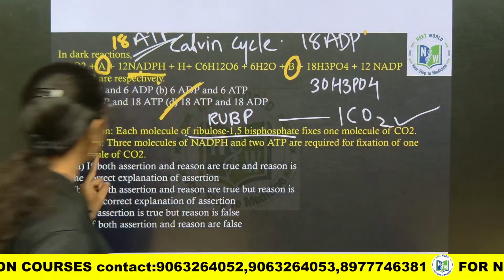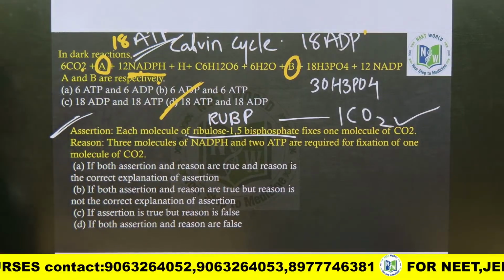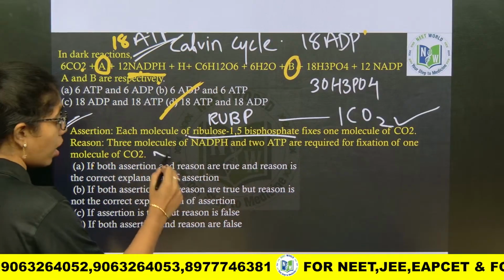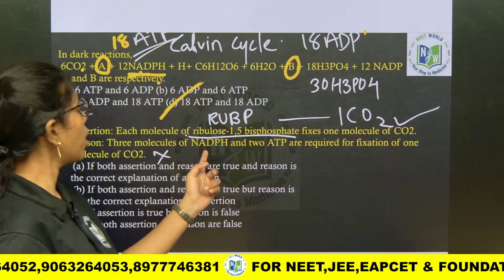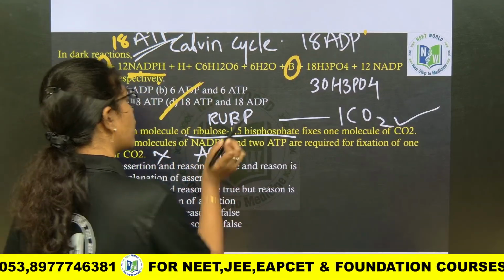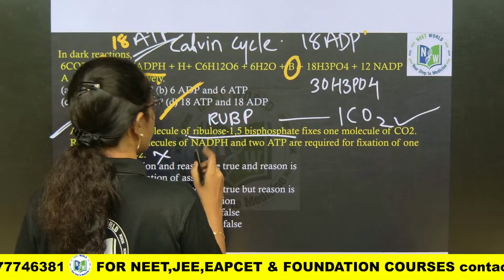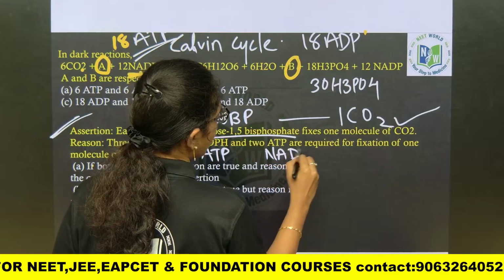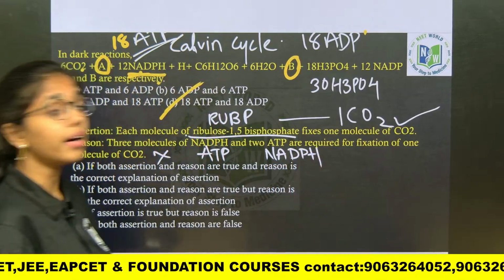Assertion is true only. 3 molecules of NADPH and 2 ATP are required for fixation of one molecule. Wrong. It is reverse, right? 3 molecules of ATP and 2 molecules of NADPH are required.